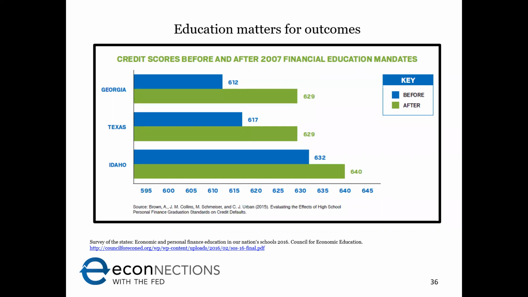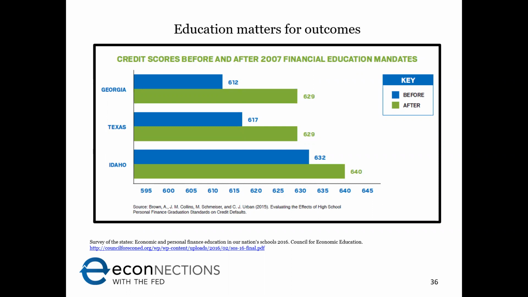I always like to share this slide. This is from the Council on Economic Education. Some research showing pre and post financial education mandates in 3 states, Georgia, Texas, and Idaho, and how credit scores changed over time from pre and post course requirements.